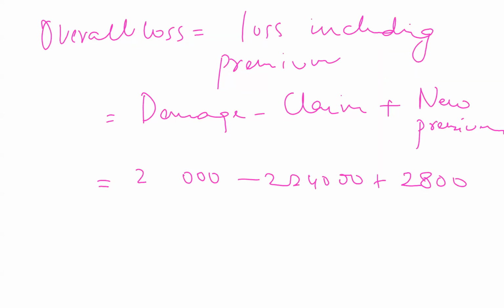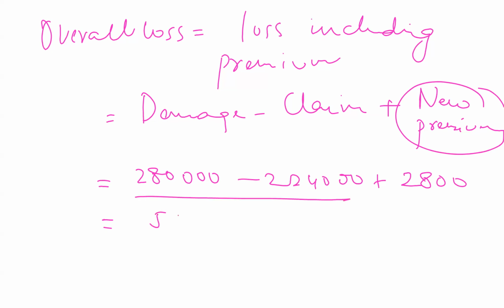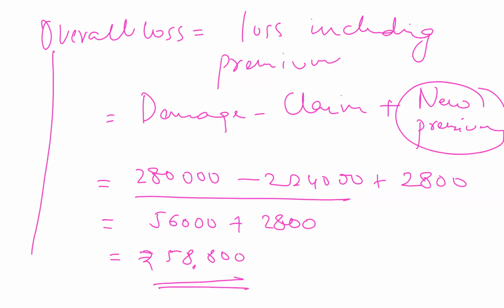So if you subtract this and add 2,800, now many might be wondering why new premium, because I've already explained that he has to pay as per the new premium, because of the discount given. So the subtraction will be 56,000 plus 2,800. So that will be rupees 58,800. So this is the overall loss, which includes the premium.